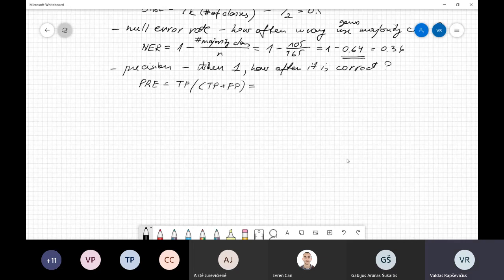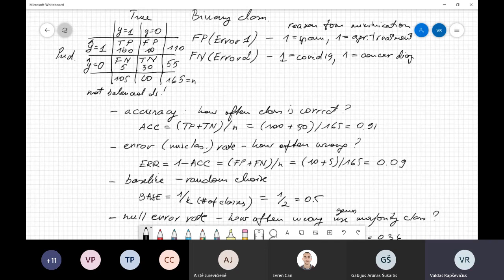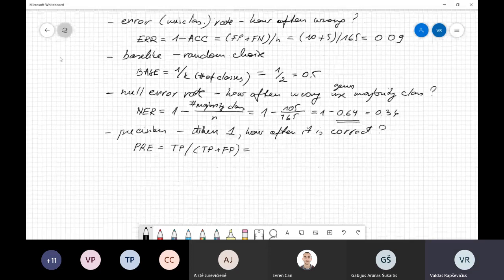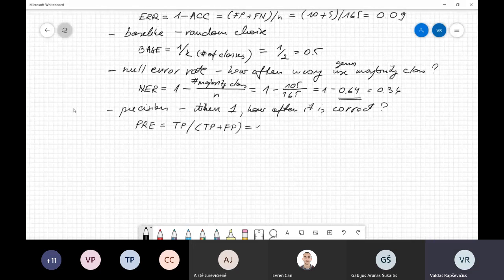And in our example case, it will be 100 divided by 110, right? So the precision of our model would be 100 divided by 110, and this gives 0.91. So the precision of our model is 91%.